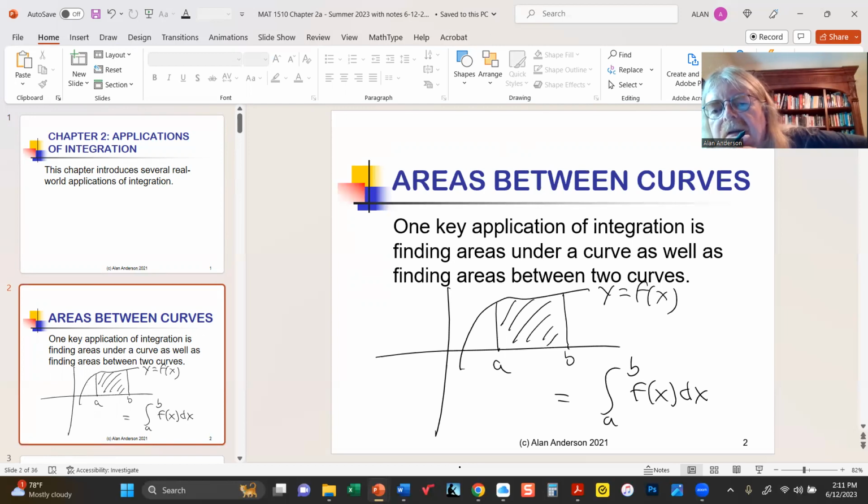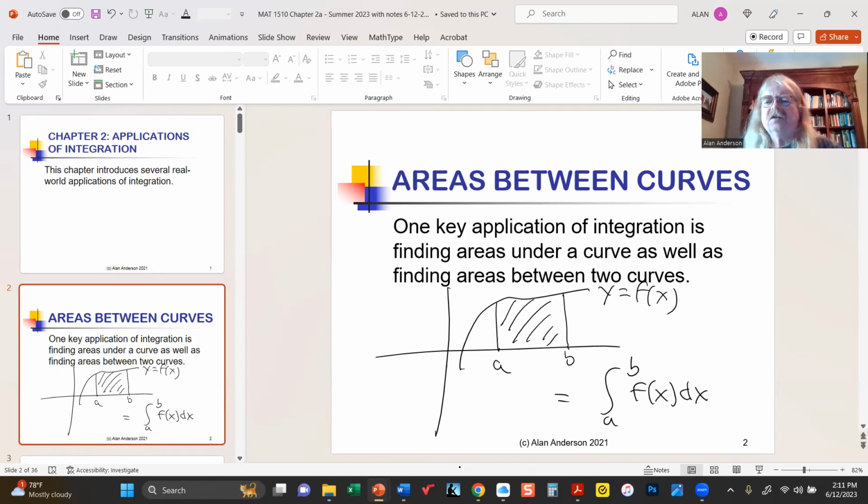Okay, so in other words, the fundamental theorem of calculus tells us that if we're integrating between 2 points under a function with the bottom being the horizontal axis, then we can just directly integrate. But what if that's not true?